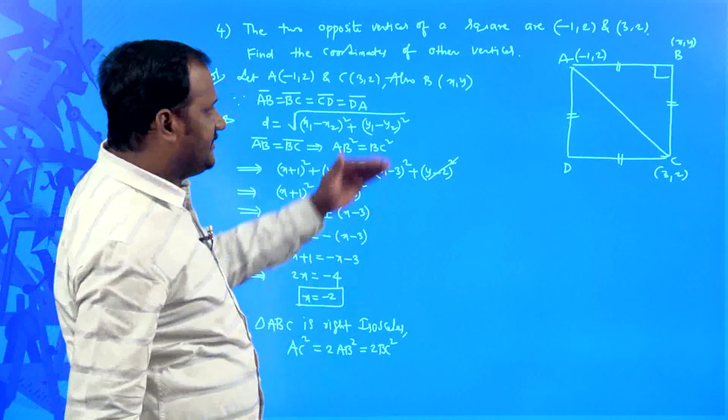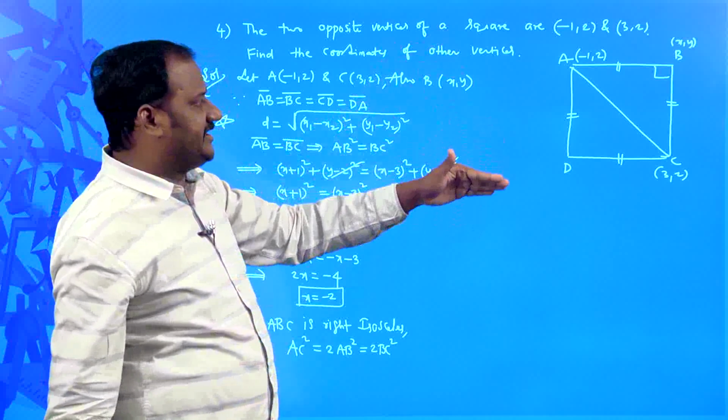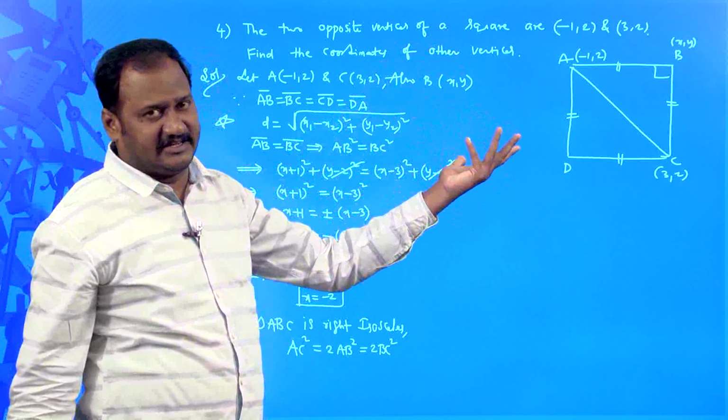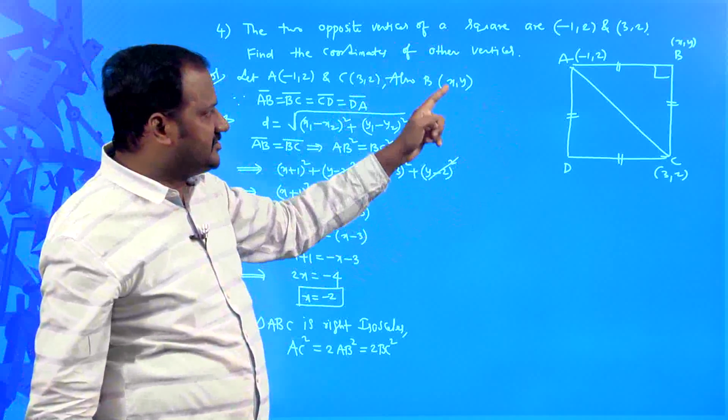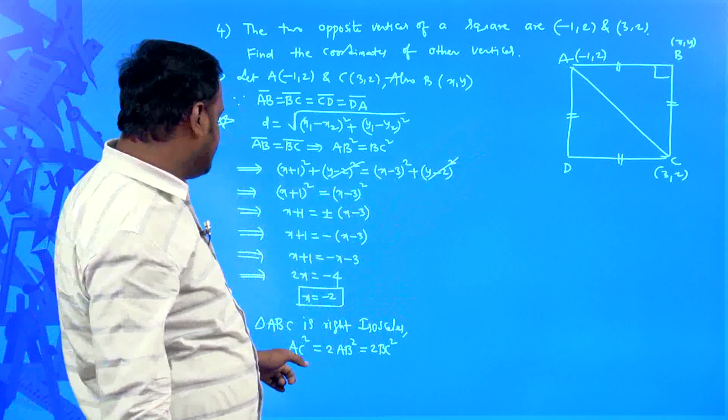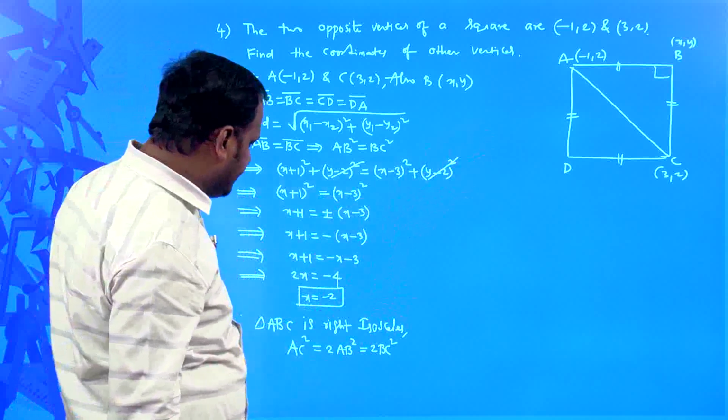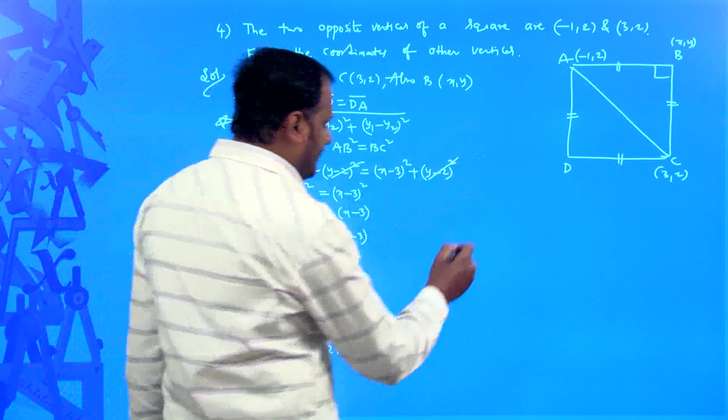AB square plus BC square can be taken as AB square plus AB square, because the sides are equal, which is 2AB square, equal to AC square. So AC square is equal to 2AB square or 2BC square. I am going to use this information.